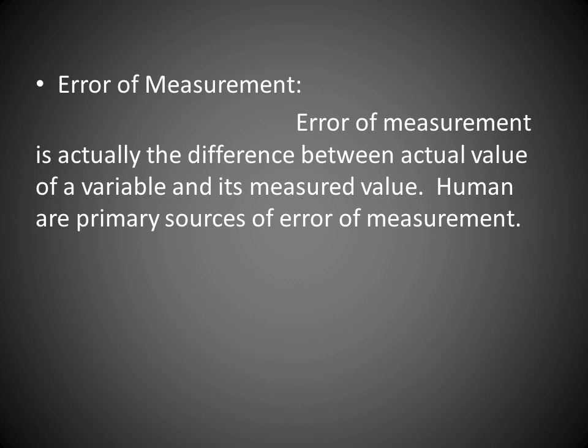It can be anything: the instrument, the time, or non-response of a particular person. So it is the difference between the actual value and the measured value of a certain variable. So these are some basic concepts of statistics.